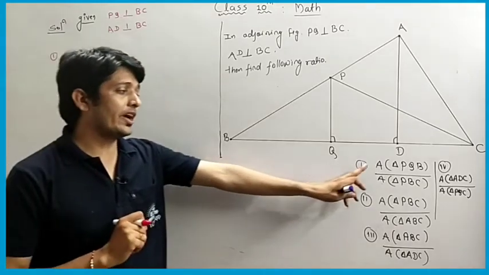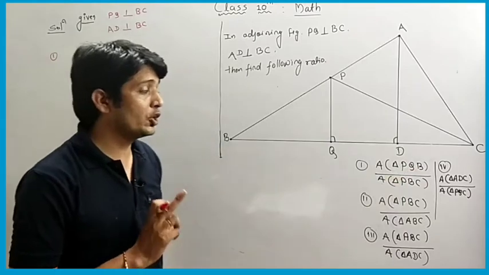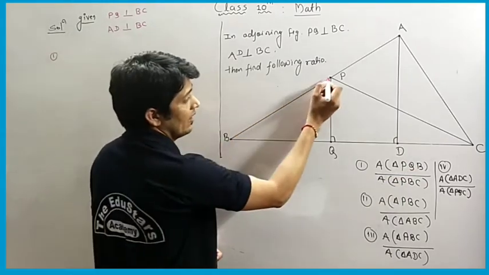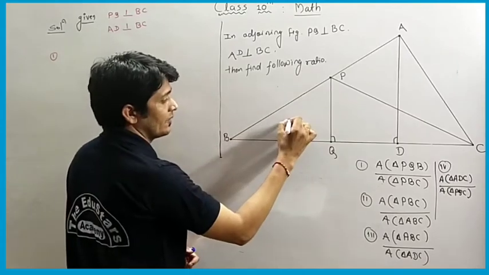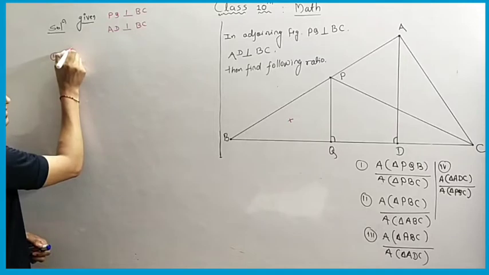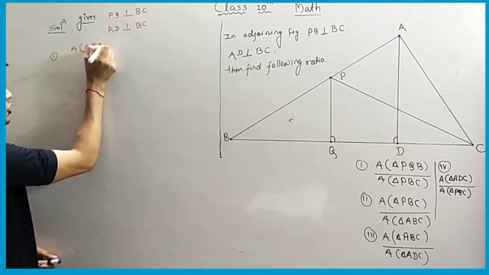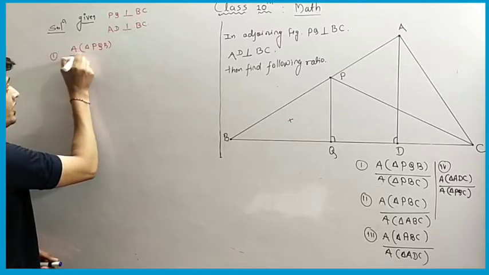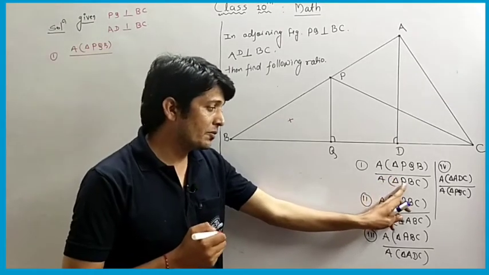First we have the area of triangle PQB divided by the area of triangle PBC.